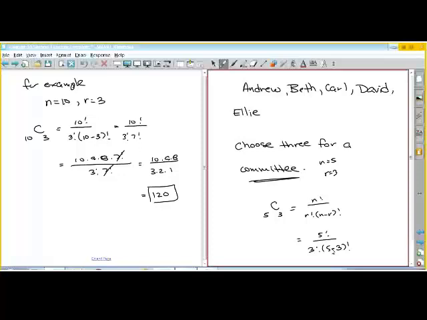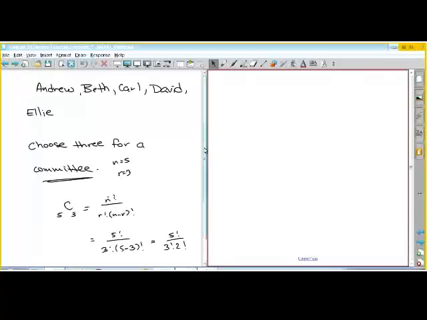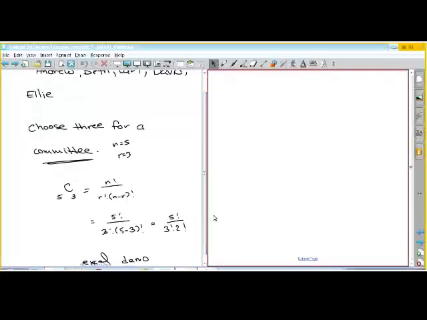So what's the first thing that I would do to simplify this thing? Parentheses. That's order of operations. So the first thing you're going to do is the math in the parentheses. So you're going to have 5 factorial divided by 3 factorial times 2 factorial.